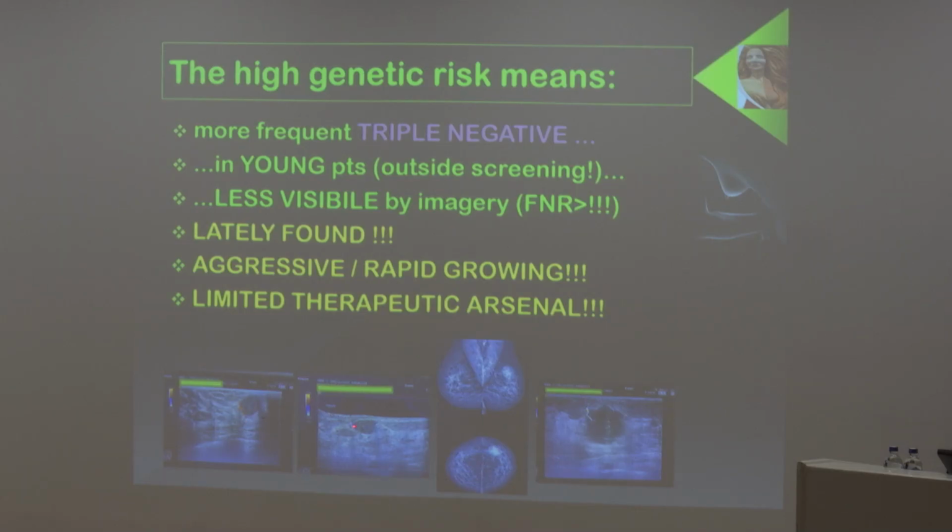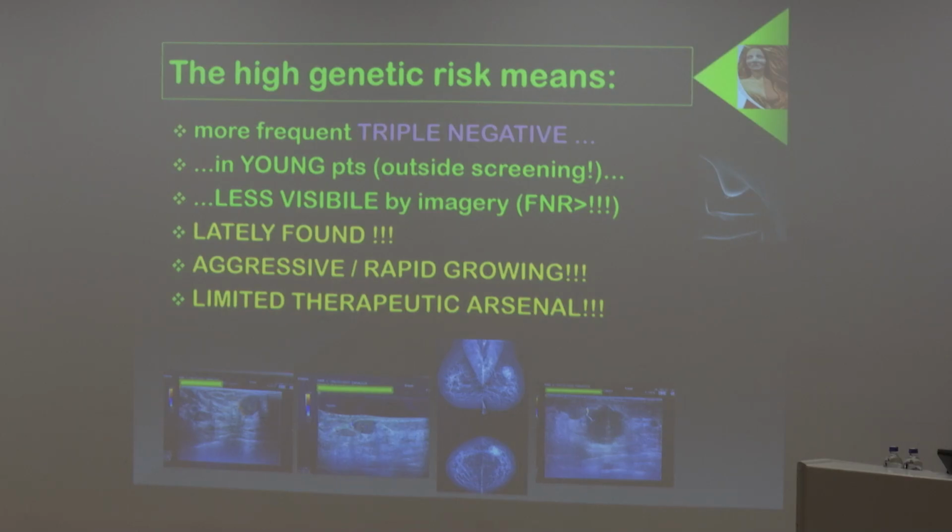Here also, only in these cases you may have some suspicion. Usually it's the kind of BIRADS 3 lesion. So this is important. As Professor Tika told you, BIRADS 3 in a patient with high risk, you may take a biopsy.